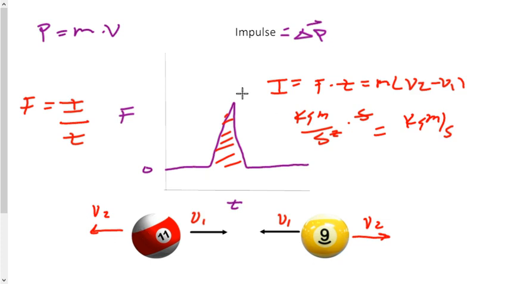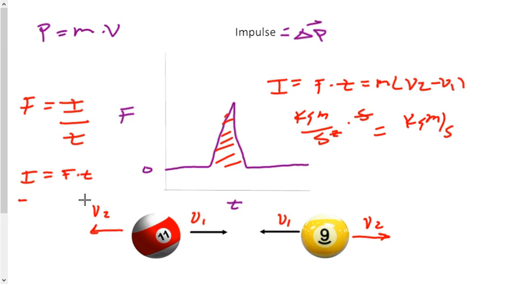Now let's look at our equation. Force times time is equal to mass times velocity 2 minus velocity 1. So impulse equals force times time. So if I have two collisions and each of them have the same impulse, so we're going to leave this as constant.